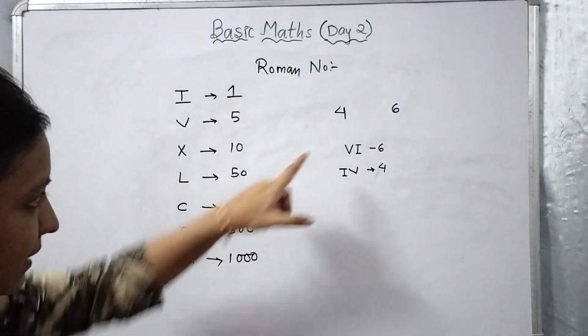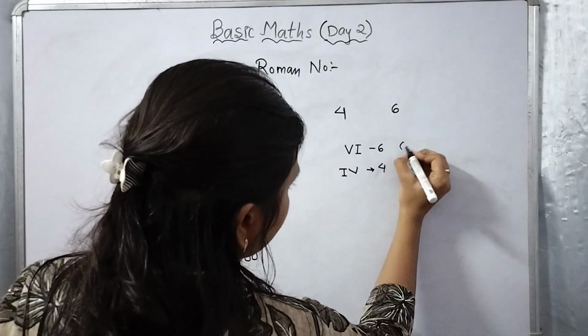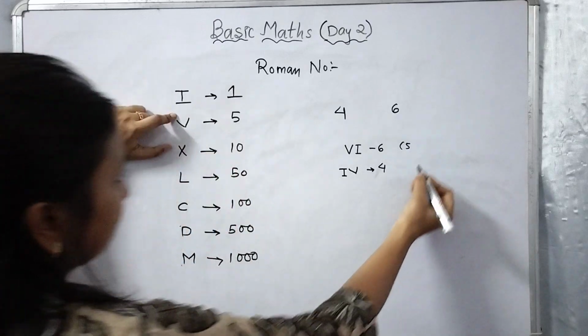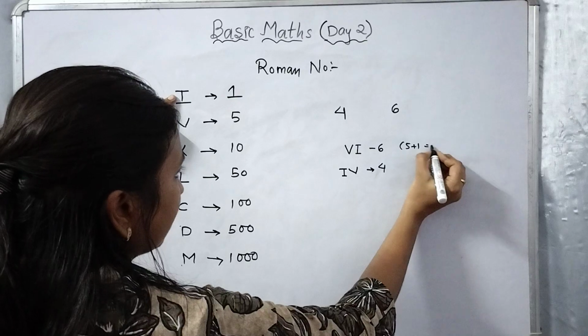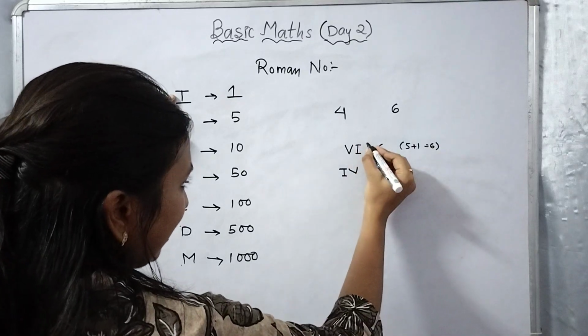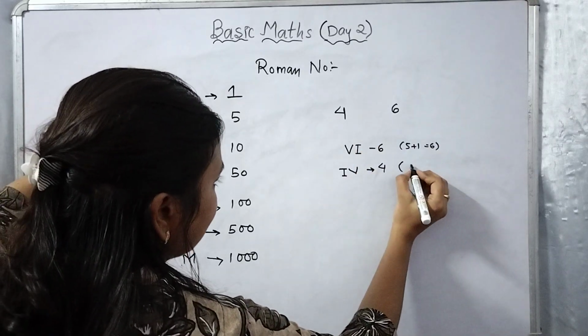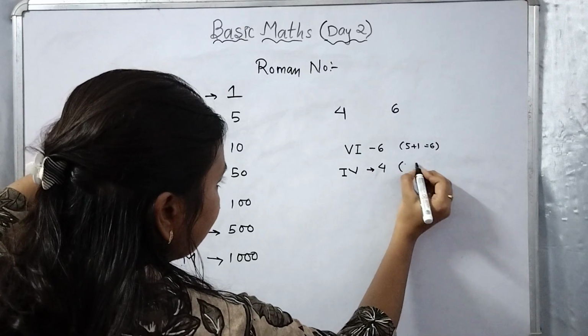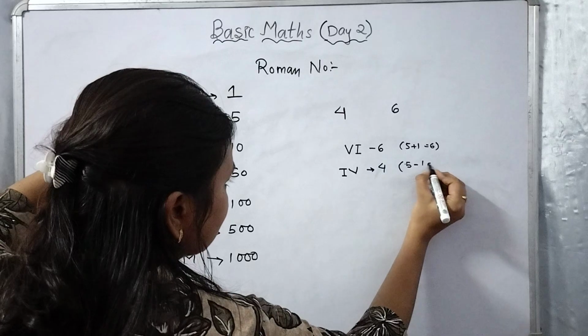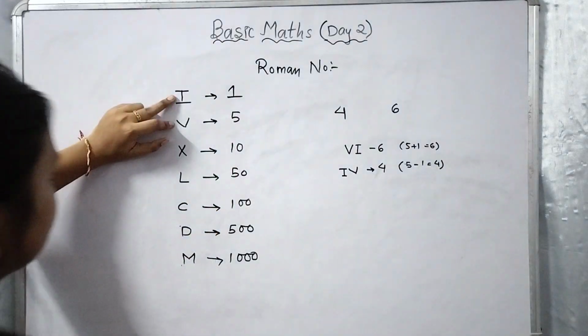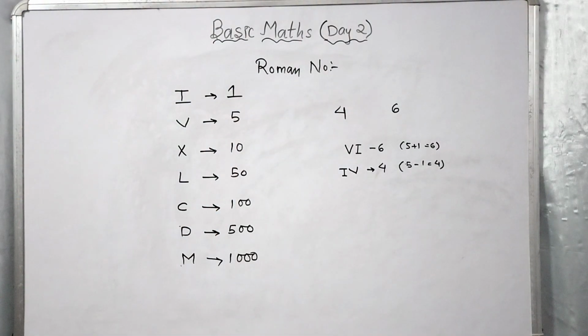See, this is plus 5. This was 5 and this is plus 1. So this becomes 6 when you write it forward. But when you write it backwards, this is 5 and this was 1, but this is minus. So this becomes 4. This is valid for all the Roman numbers.